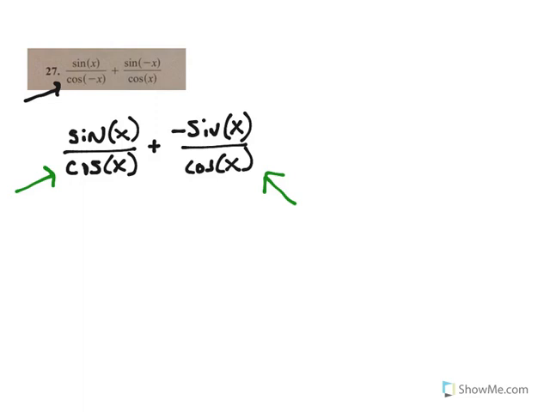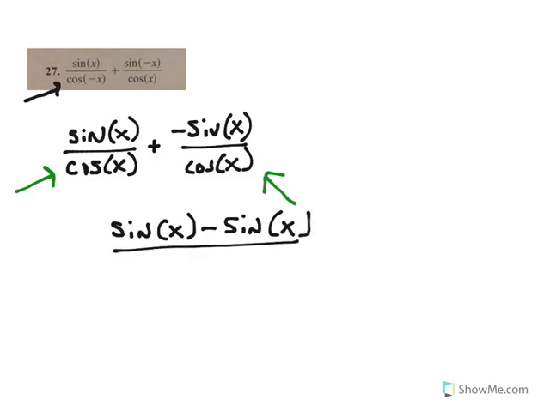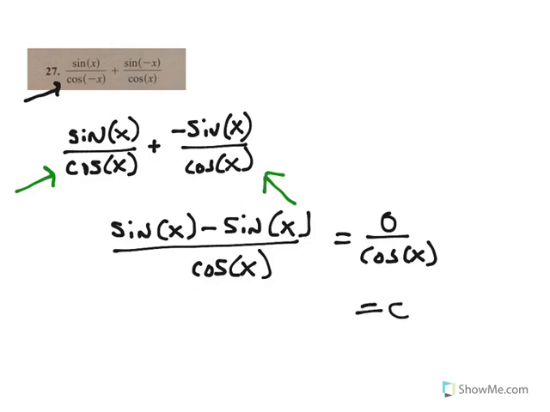So we can go ahead and say this is sine of x up top plus or minus sine of x for the other numerator, all over common denominator cosine, and sine up top minus another sine up top, that's going to be 0. And 0 divided by anything is always 0. So final answer will be 0.